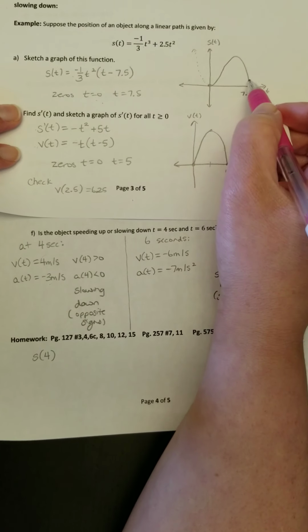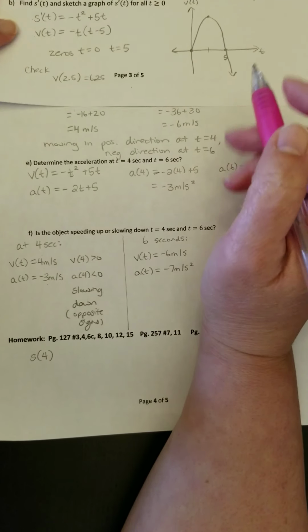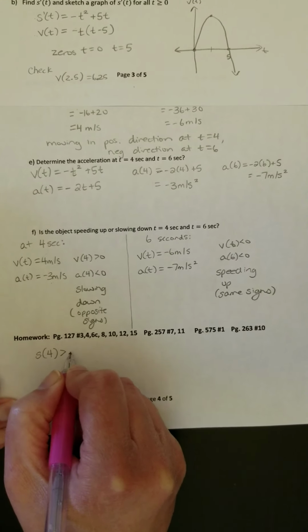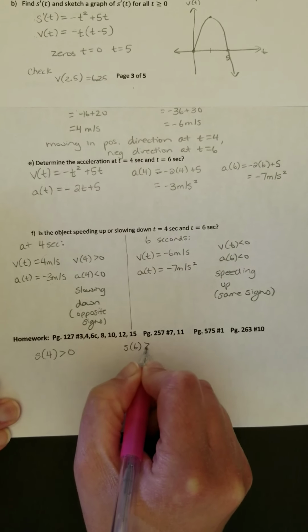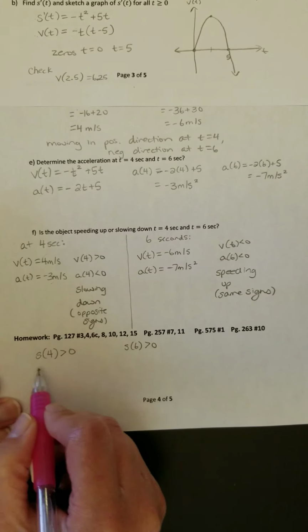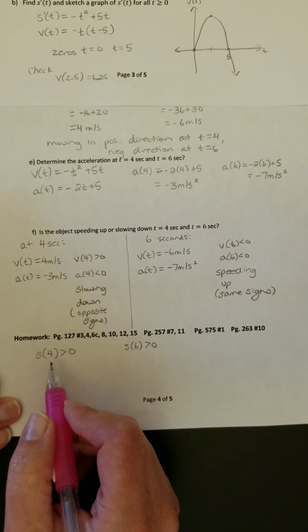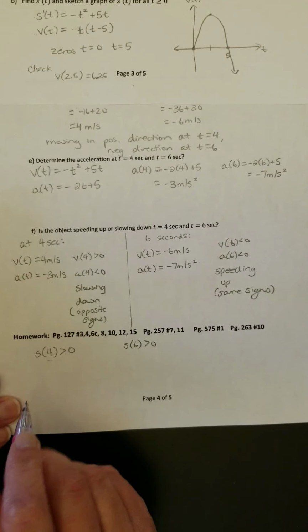It's on the positive side of the origin for both of those values from the graph. So s at 4 is greater than 0, and s at 6 is greater than 0. That means that we can compare the displacement or the position.